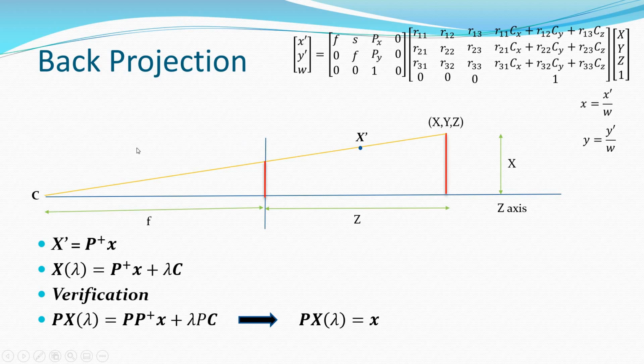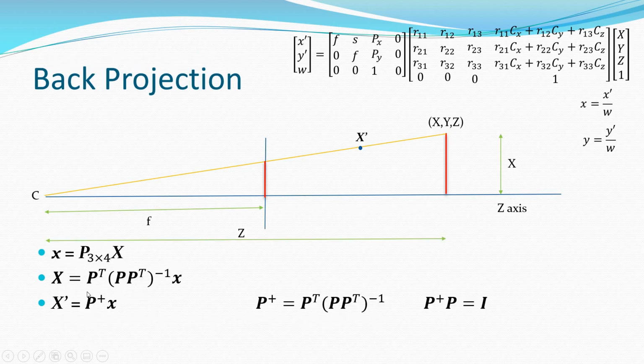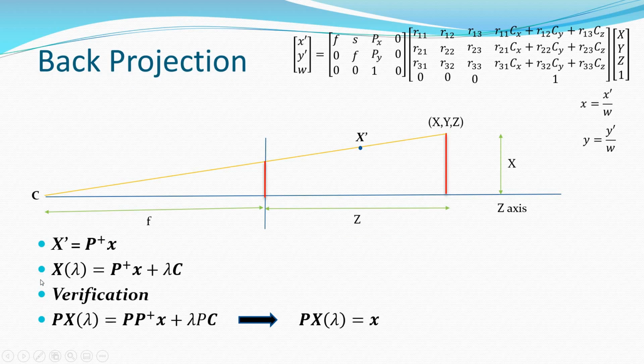That is also what we discussed in the stereo camera case, that by only one image or one camera you will never be able to figure out this 3D world coordinate. This is also some sort of a proof for that. So we have x dash is equal to P plus x, the same thing that we had written over here.